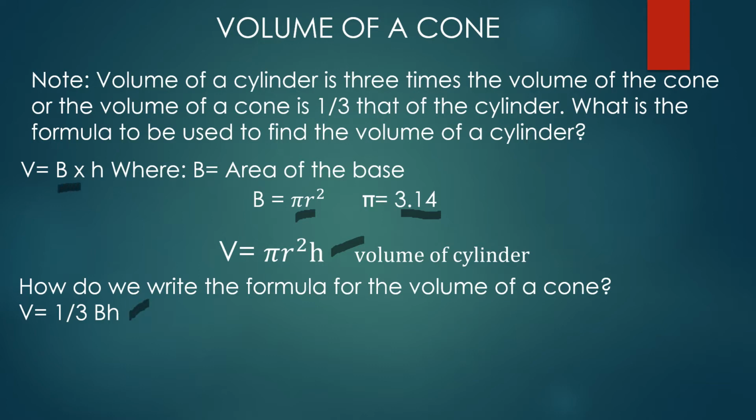Or, pwede rin nating sabihin na volume equals pi r square, which is the base, times height divided by 3. Divided by 3 or 1/3. So this is now the volume of a cone. The volume of the cylinder divided by 3 equals the volume of the cone.